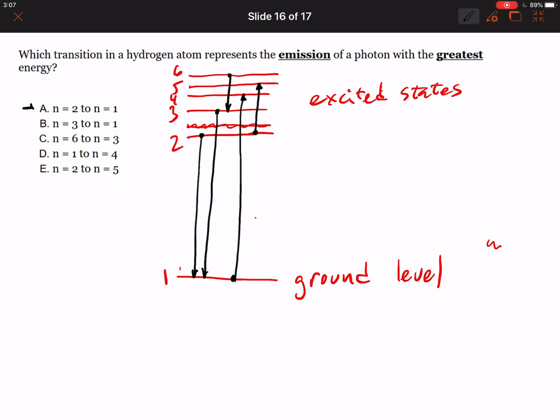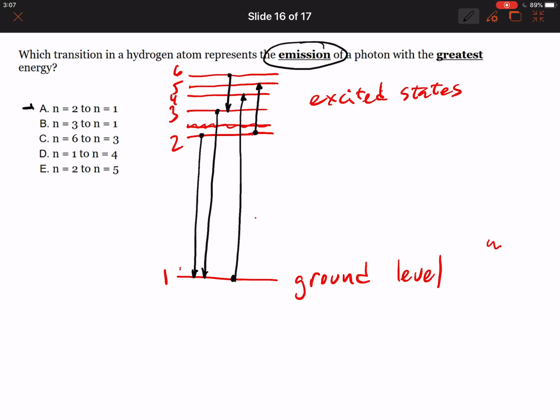Now you are looking for emission. If you are going for emission of a photon, then you have to go from a high energy level to a low energy level. How low, how high, doesn't really matter. You are going from a higher level to a lower level, and that corresponds with the emission of a photon.